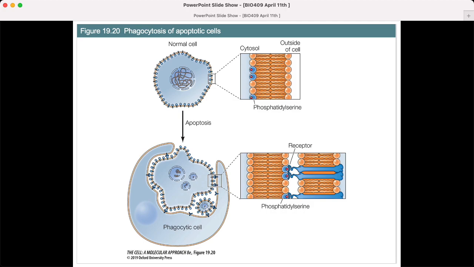Activate caspase, flip phosphatidylserine, cut up the DNA. Those happen in apoptosis, not in autophagy. Are these autophagy? These are apoptosis. Yep, almost everything we'll learn is apoptosis. Autophagy we talked about last time just briefly, and that's where the cell eats itself inside.